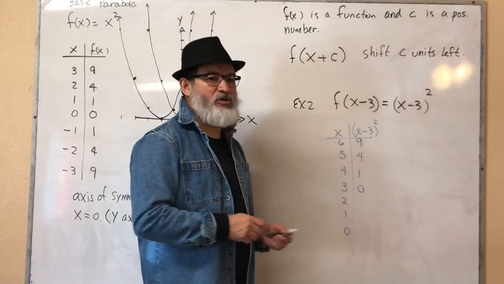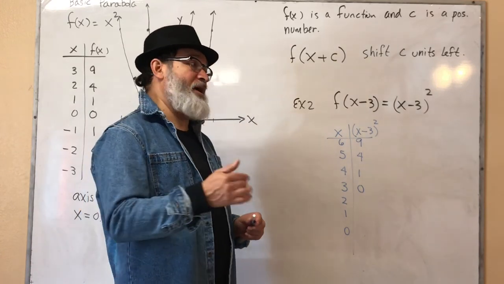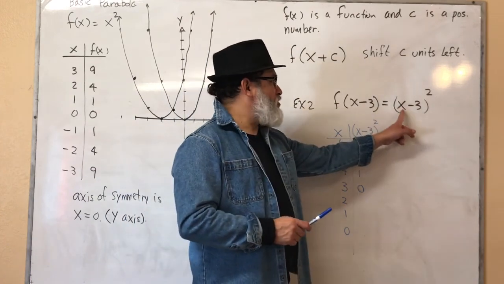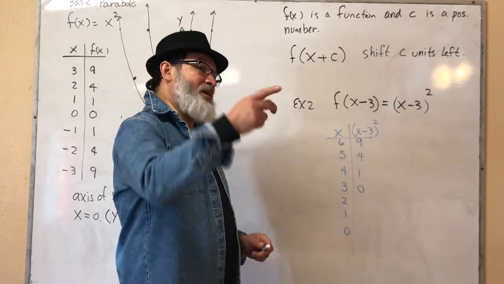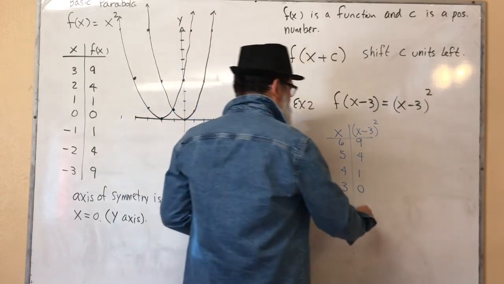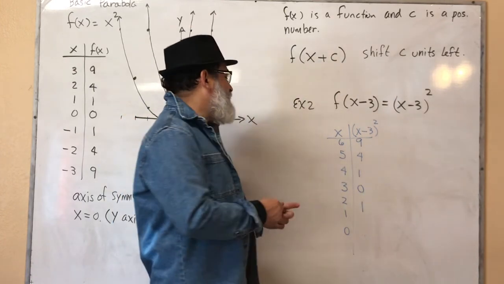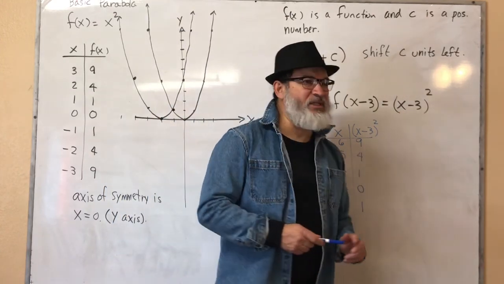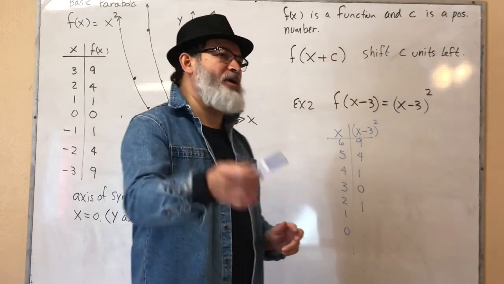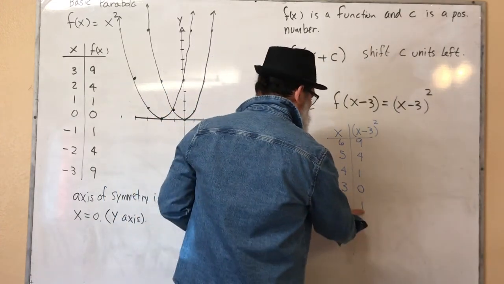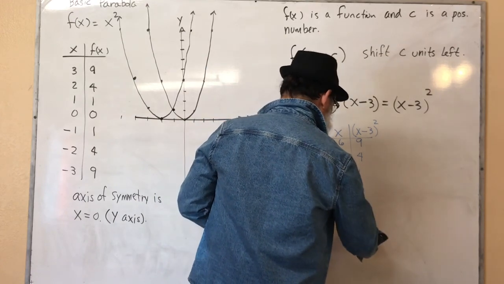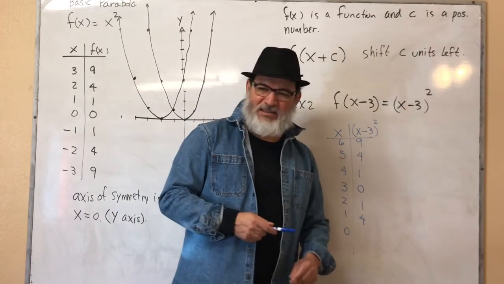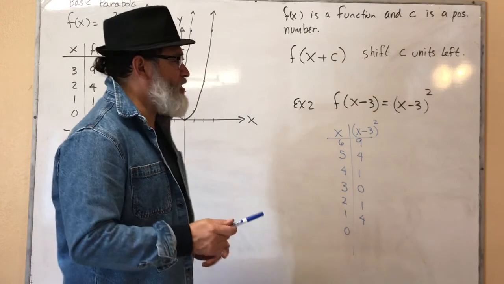If x is 2, 2 minus 3 is negative 1, negative 1 squared is 1. If x is 1, 1 minus 3 is negative 2, negative 2 squared is 4. If x is 0, 0 minus 3 is negative 3, negative 3 squared is 9.